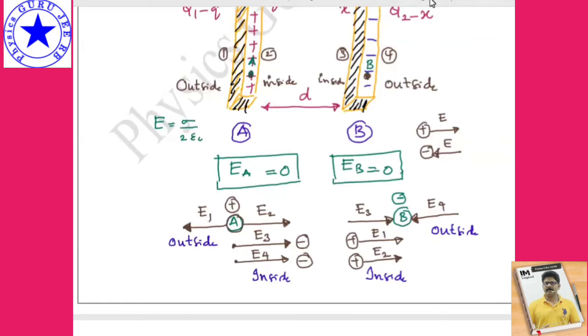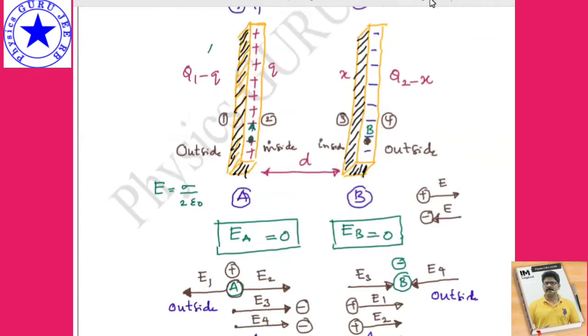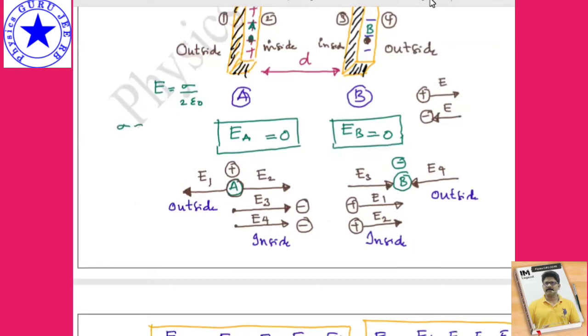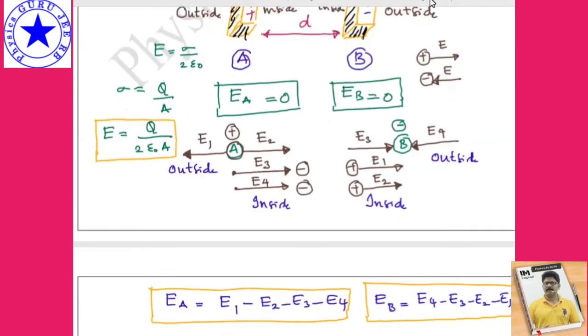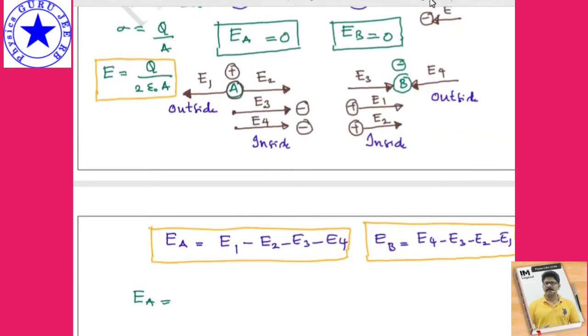If I take the area of the plate as A, then I can write sigma as Q divided by A, so E is equal to Q divided by 2 epsilon naught into A. Hope it is clear. Now I can keep this in the box. This is nothing but the electric field due to an infinite charged plate: E is equal to Q by 2 epsilon naught into A.